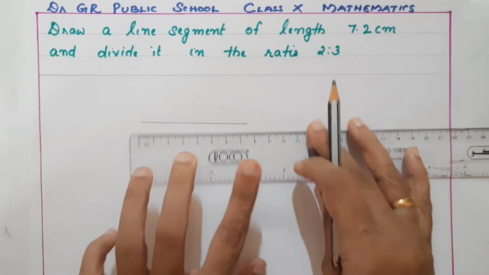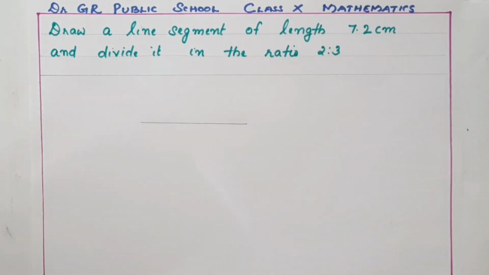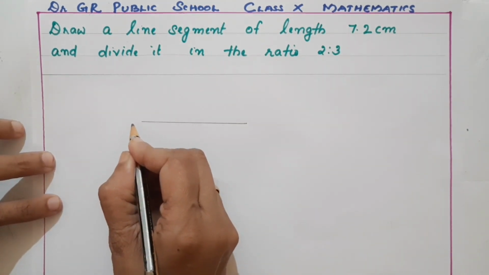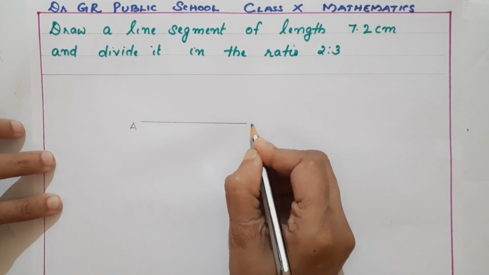Okay children, so 7.2 centimeter line segment. So I named it as AB.